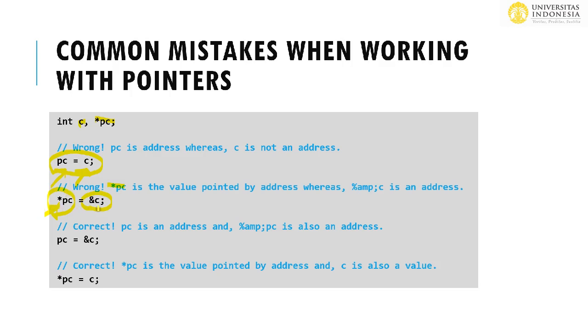You can see the relation is not right, because this side refers to the content and this side refers to the address. Now the correct one is like this. You refer a pointer to the address of an integer variable, because you already declared them as integer. And then you can also use the indirection operator, asterisk PC equal to C, then those two values are the content of C.